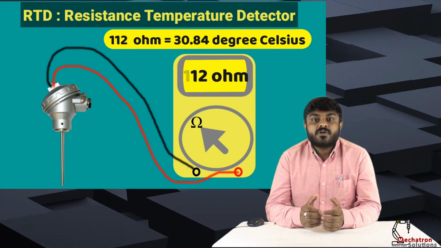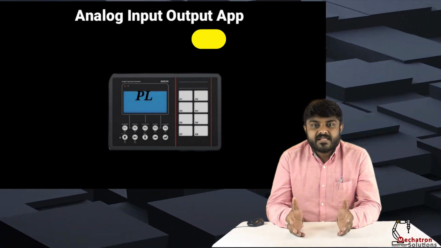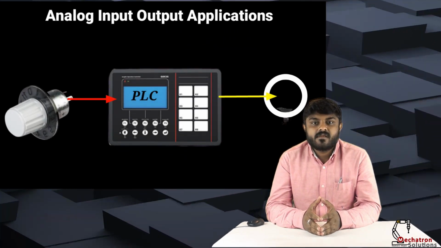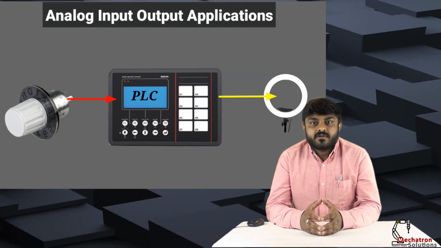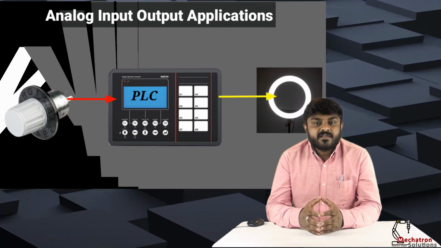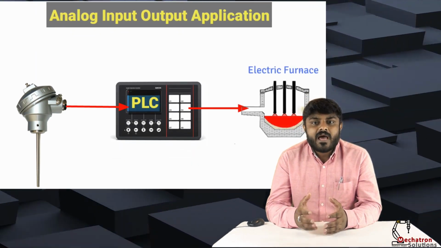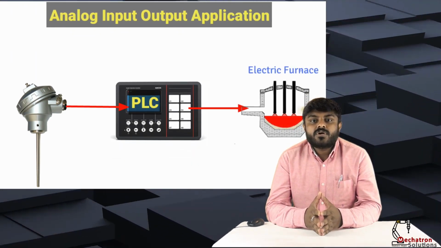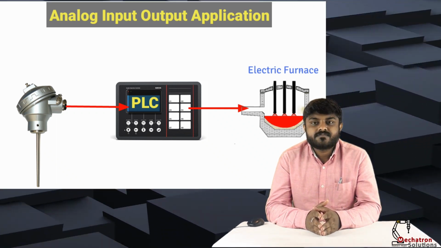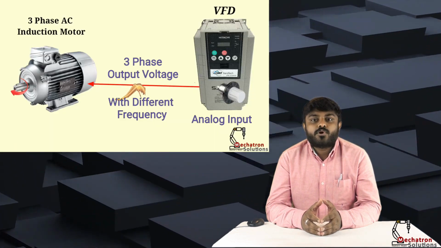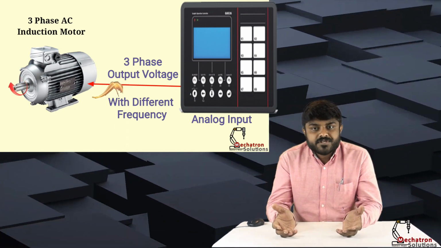Now we discuss some applications of analog input and output with PLC. We can connect a pot, or potentiometer, to control the brightness of a light. Thermocouples or RTDs are used to control the temperature of furnaces. A motor speed sensor or tacho is used to control and monitor motor speed.